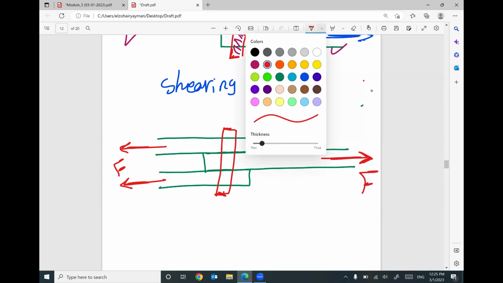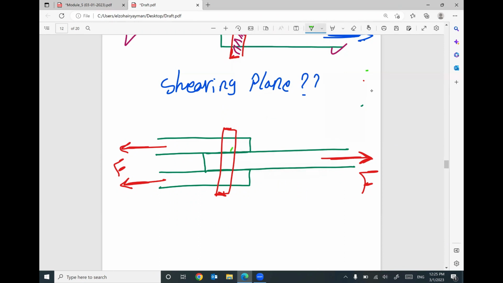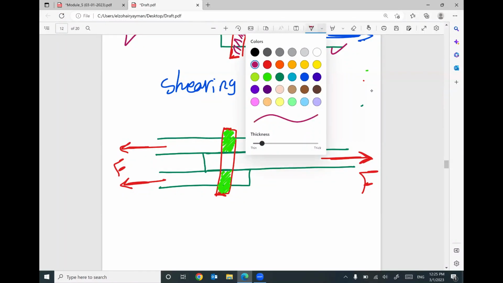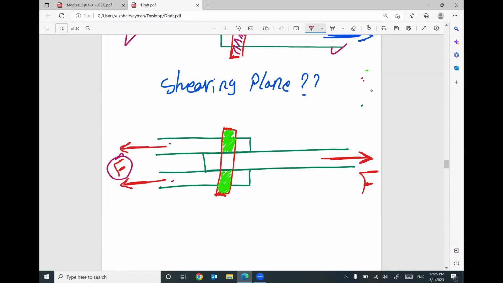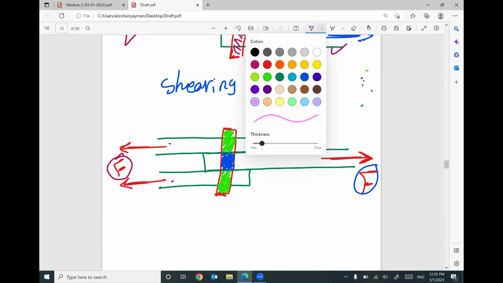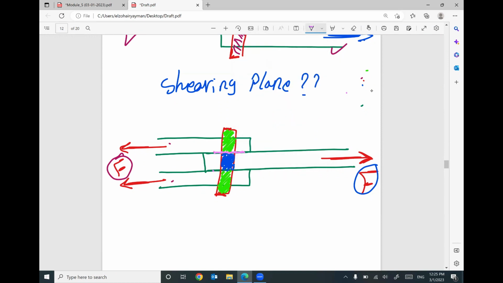So it looks like this part of the bolt and this part of the bolt would like to be moved following this force in this member and this member. However, this part of the bolt, I'm talking about at the moment of failure, would like to move to the right following this force. So how many shearing planes do you have in this one? We will have shearing here and we will have shearing here. So your bolt will be broken or sheared off at two locations. This is called double shear.